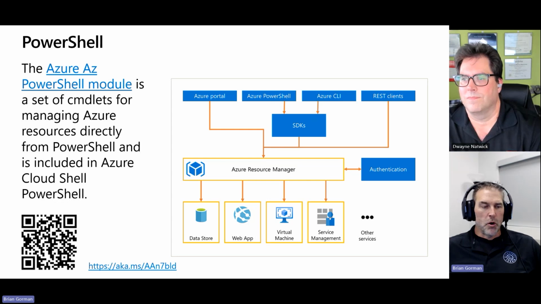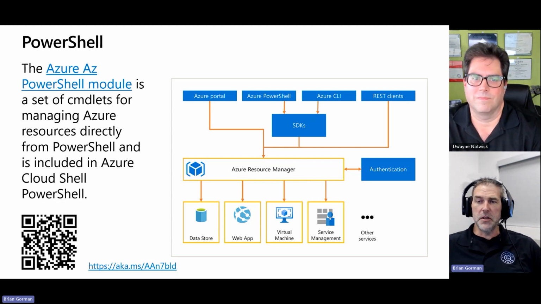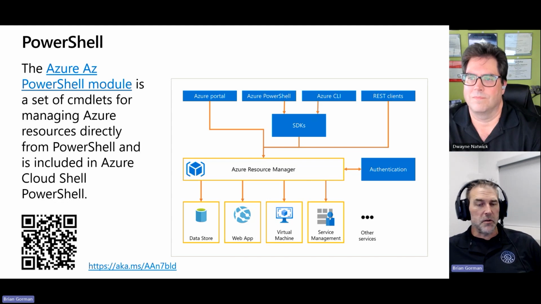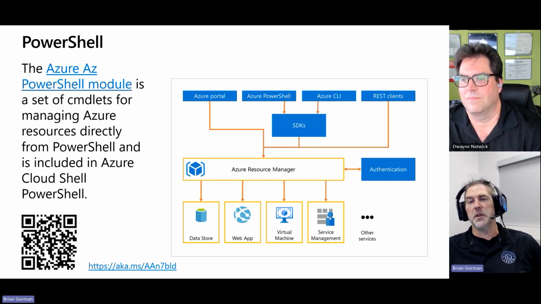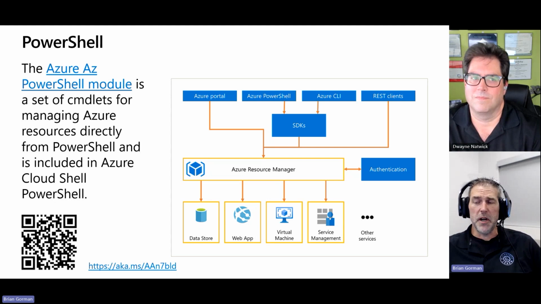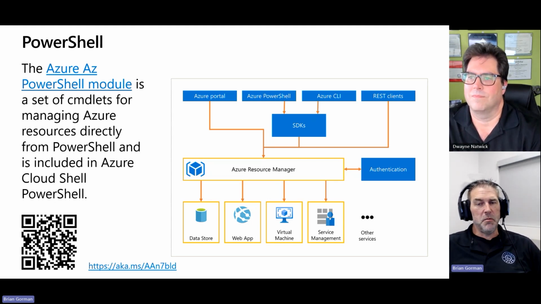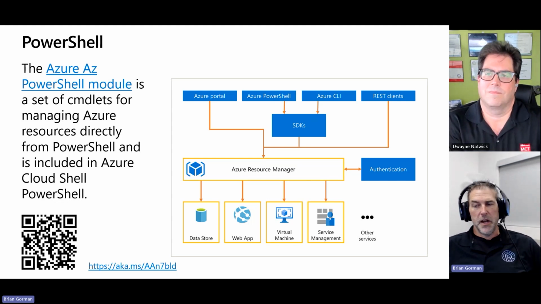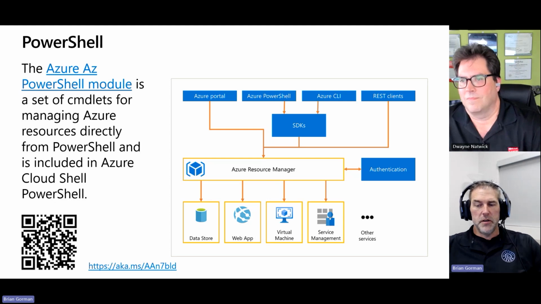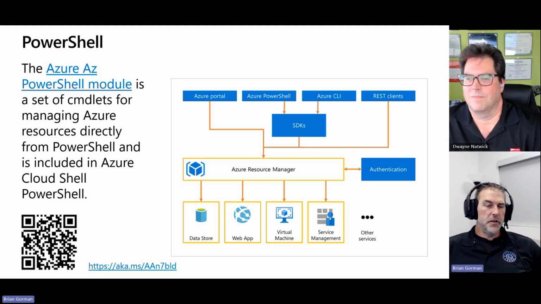So if I'm coming through the portal, or through PowerShell or the CLI, or if I hit the REST client, which is actually a great way to do some administrative checks on your resources, is to run commands directly against the REST API to see if resources have been deployed with the settings you wanted. It's a really cool thing that you can do. But they all essentially translate down to an API call against the Azure Resource Manager, or basically that one endpoint to rule them all to go into your deployment.